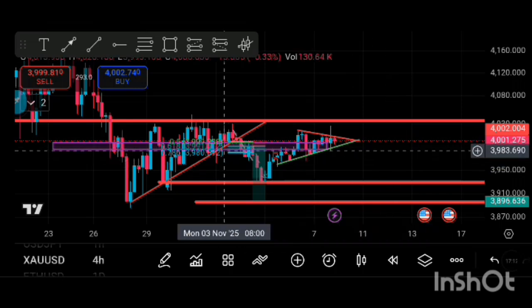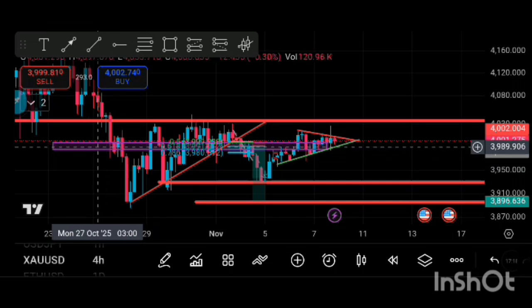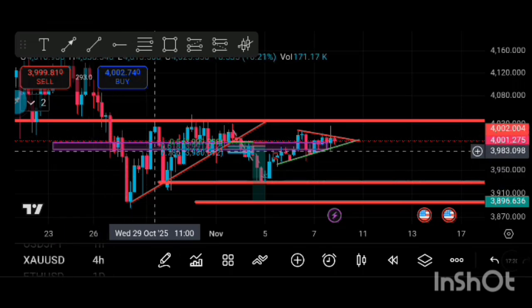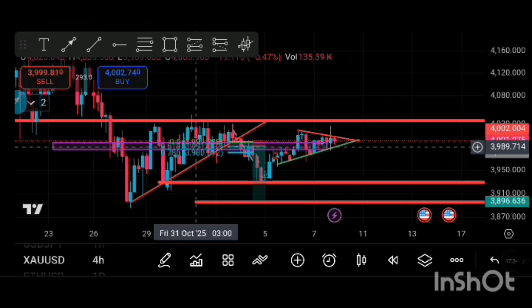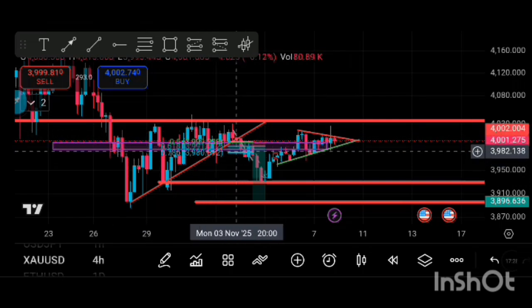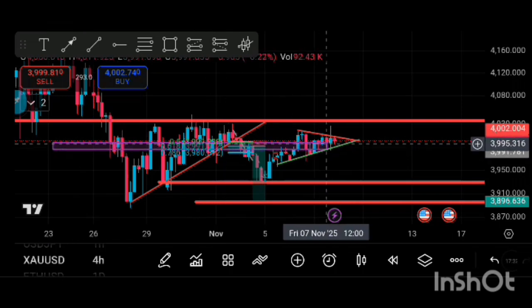So price came up with some resistance and into support, and came up, held, came down. So basically the price was playing around here, as you can also see here.